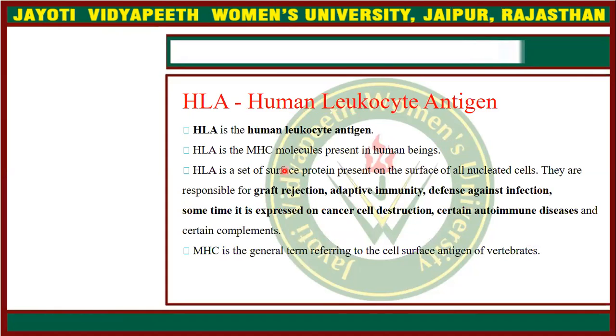Human leukocyte antigen. What is the human leukocyte antigen? The major histocompatibility complex which is found in humans is known as the human leukocyte antigen. It is a set of proteins present on the surface of all nucleated cells in humans, and they are responsible for graft rejection, adaptive immunity, and defense against infections.